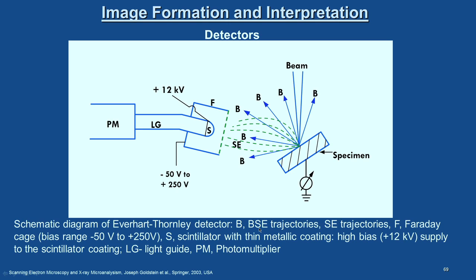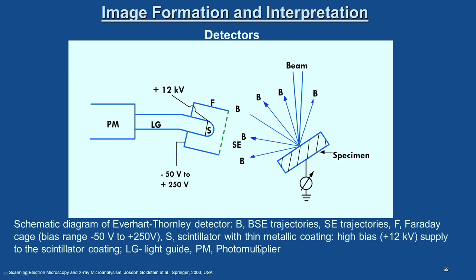So, you have backscattered electron trajectories and secondary electron trajectories. F is the Faraday cage, to which you can give a bias voltage in the range of minus 50 volts to plus 250 volts.